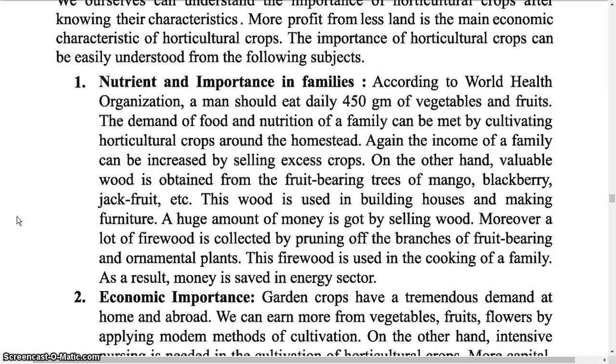The demand of food and nutrition of a family can be met by cultivating horticultural crops around the homestead. Again, the income of a family can be increased by selling excessive crops.